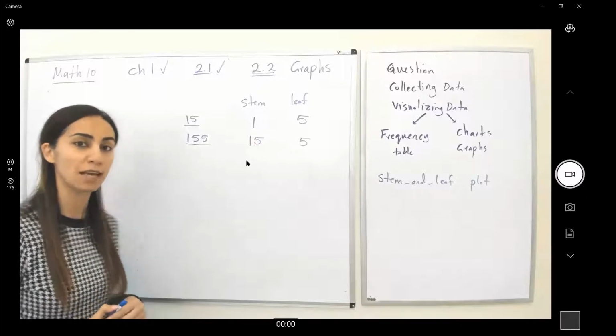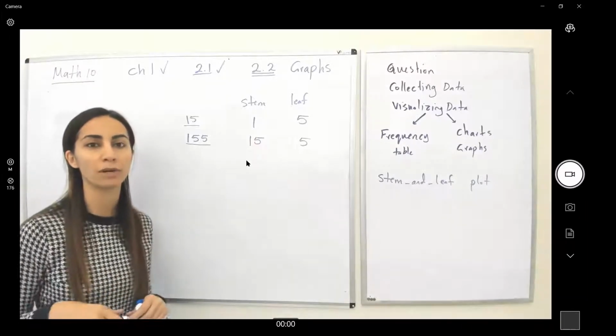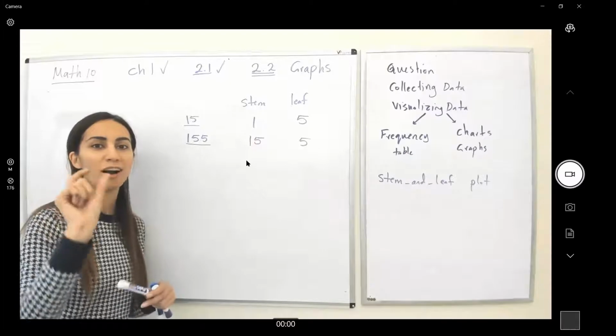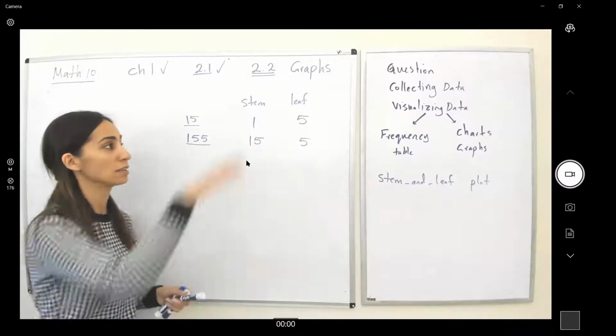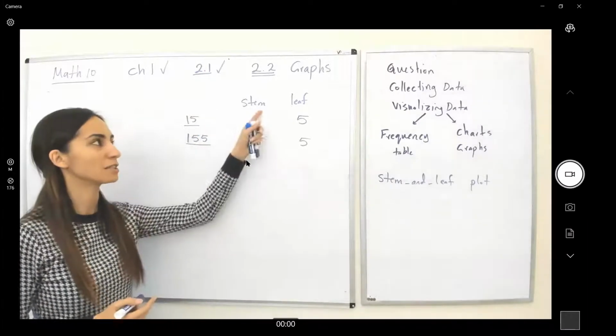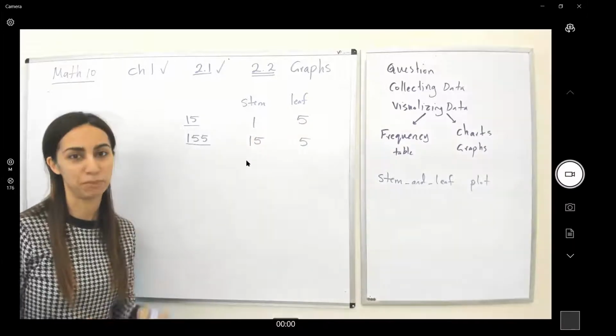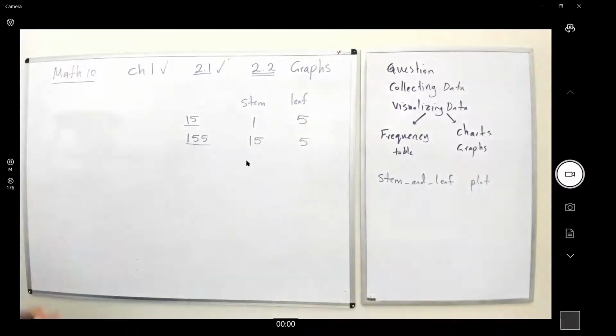So in this example, we have a lot of numbers. We need to identify each of them, then categorize them based on stem and leaf method. Very well.